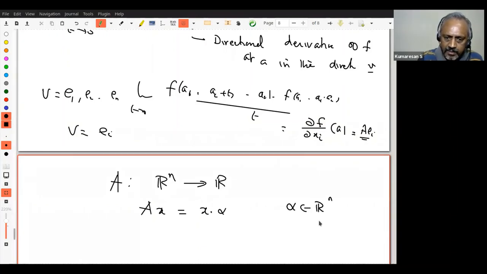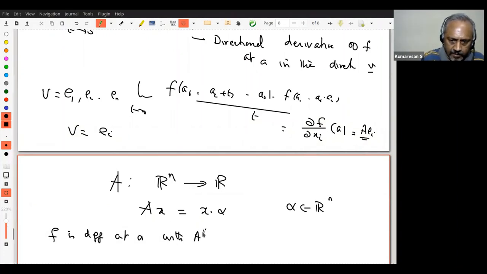Therefore, if f is differentiable at a with this linear map capital A, then A is determined the moment I know alpha. Because I have to know what is A acting on x. The moment you tell me the corresponding vector alpha, then A acting on x is the same as x dot alpha. Therefore, knowing A is the same as knowing the vector alpha in Rn.